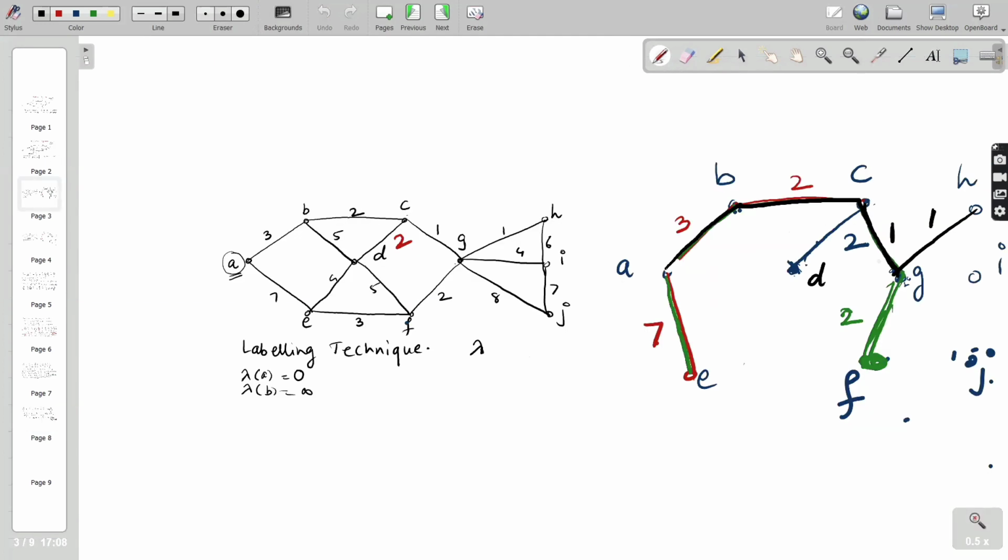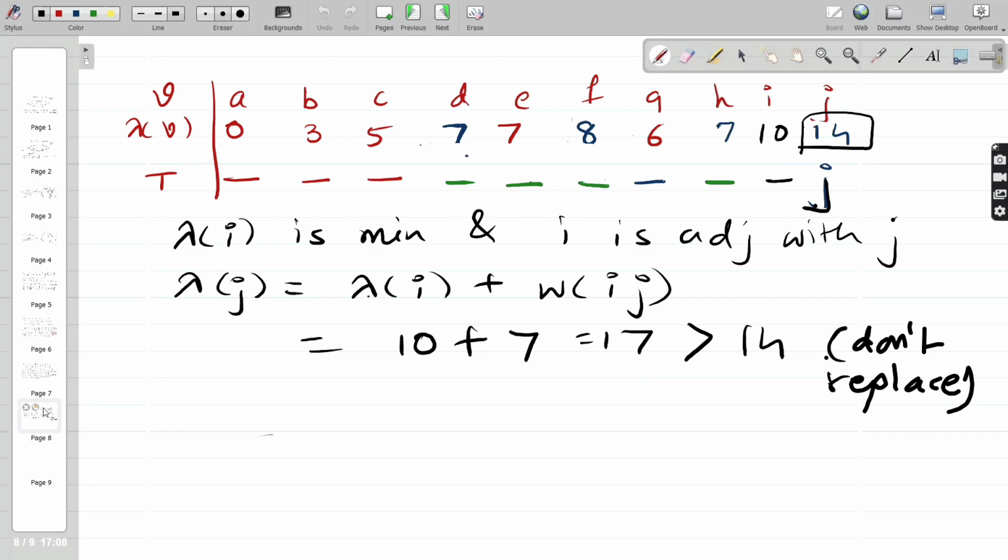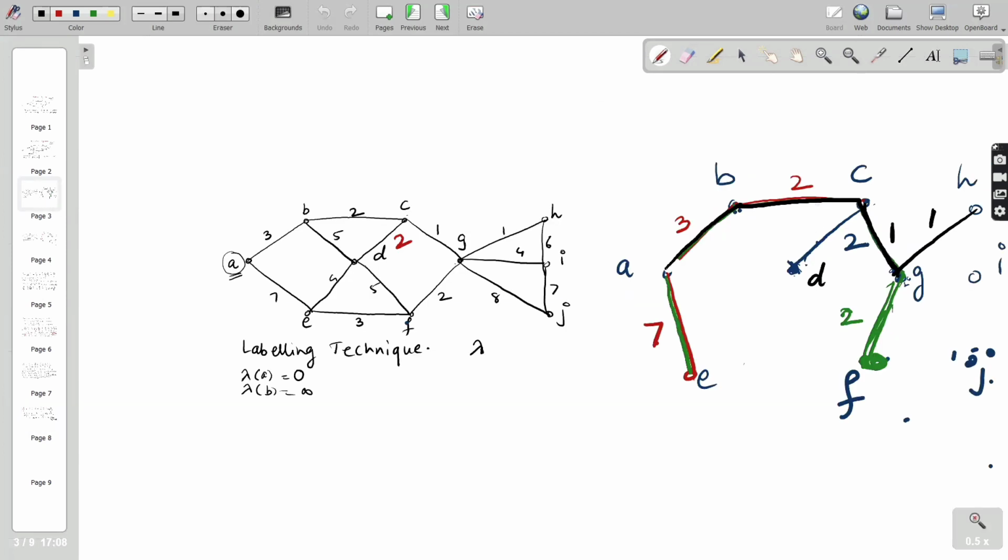And you can see from A to I, the distance is 10. So how are we getting that 10, that we want to see? 3 plus 2, 5, 5 plus 1, 6 and 6 plus 4, 10. And for J, 3 plus 2, 5 plus 1, 6, 6 plus 8. So this is the answer.